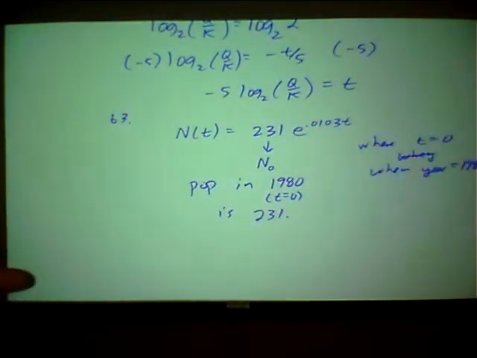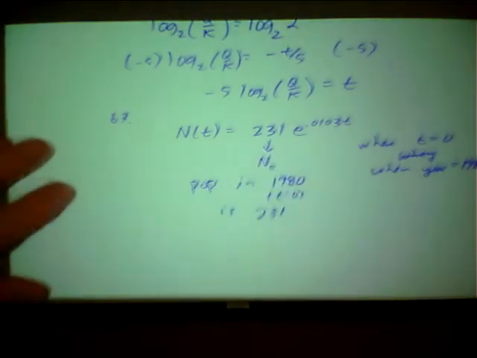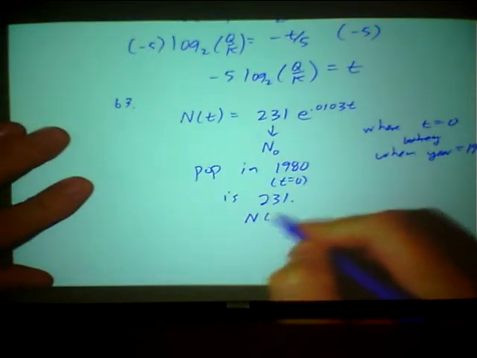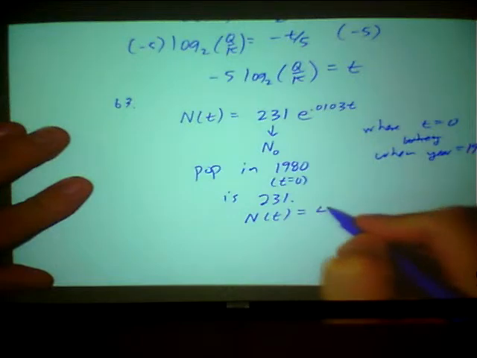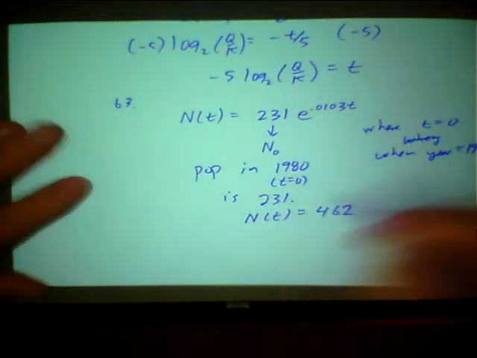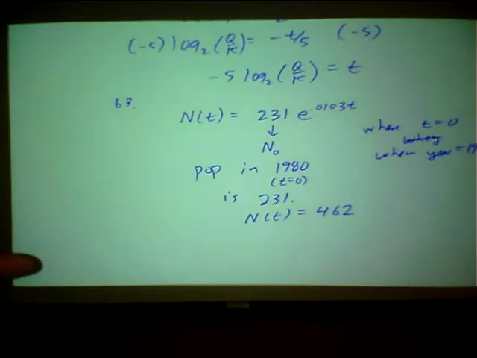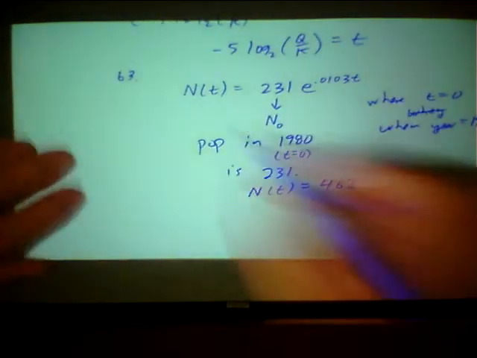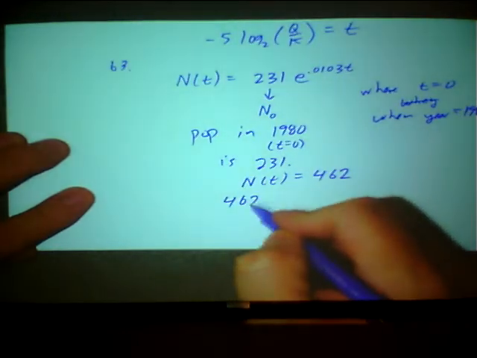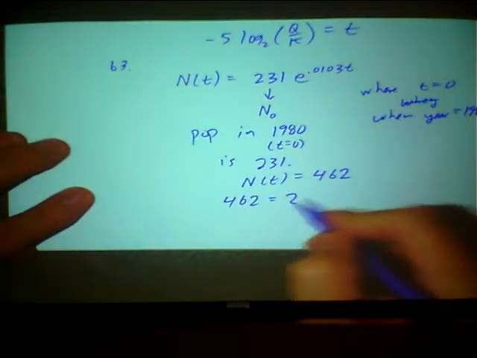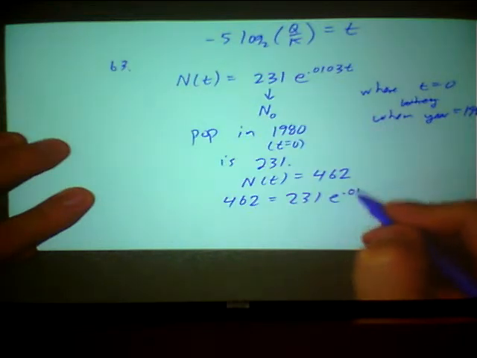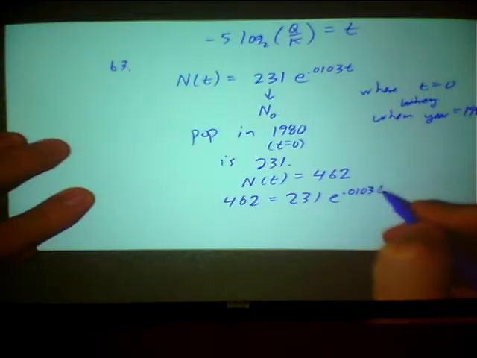So if the population began as 231 million, now I'm looking at when will the population be 462. 231 times 2 is 462. So now I put that into this equation and say 462 equals 231 e to the 0.0103t.